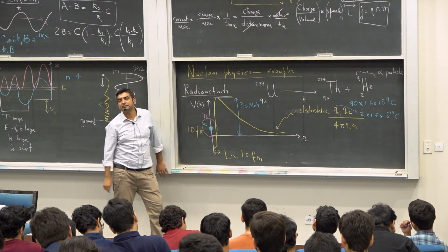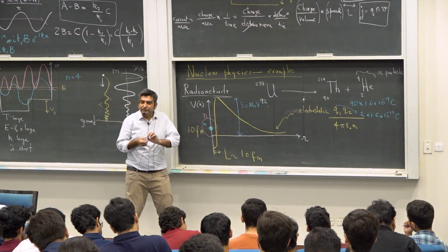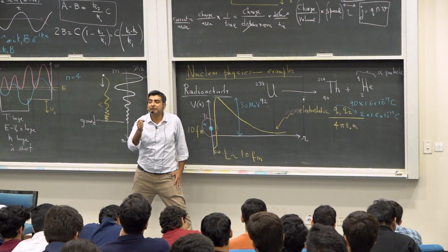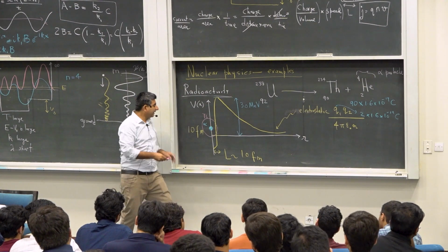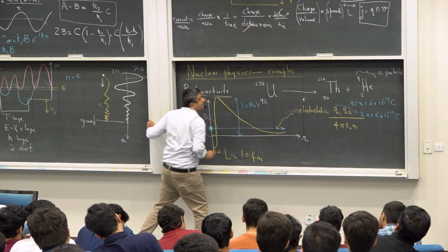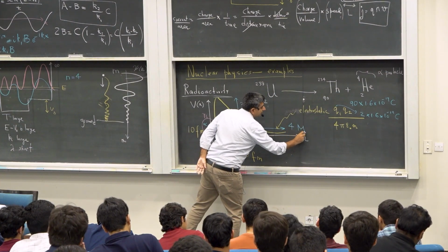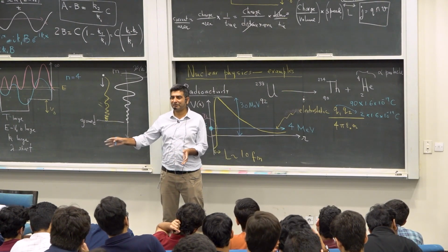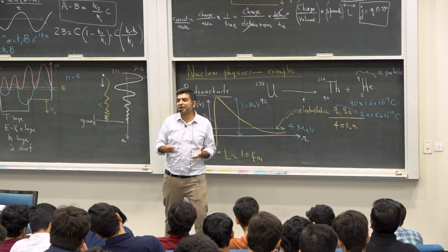But the alpha particle that comes out from this nucleus is a mere 4 mega electron volts. How do you know? Because we can measure the energy of alpha particles that come out from radioactive sources. Those alpha particles are measured to be around 4 mega electron volts.